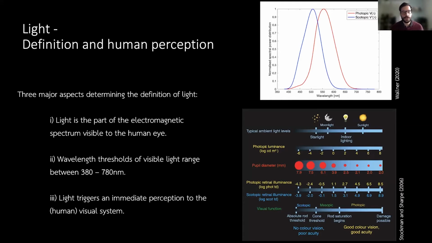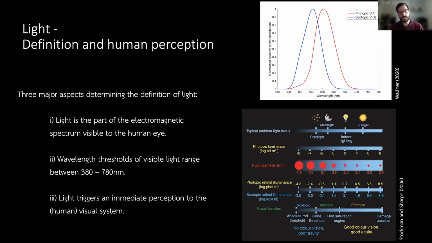The International Commission on Illumination defined the wavelength threshold to be between 380 and 780 nanometers. This is important for us because now we know where we have to take a closer look if we talk about light pollution, for example.